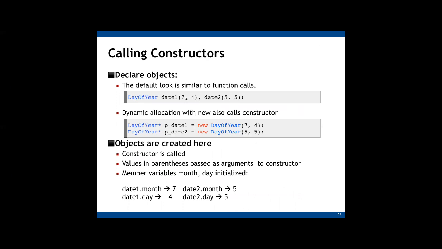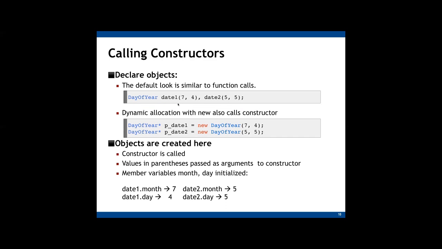For the date 1 object, the month member variable will be set to 7, and the day member variable will be set to 4. Similarly, the month and day member variables of the date 2 object will be set to 5. So this is one way of calling the constructor: open and close brackets when you declare the class variable.